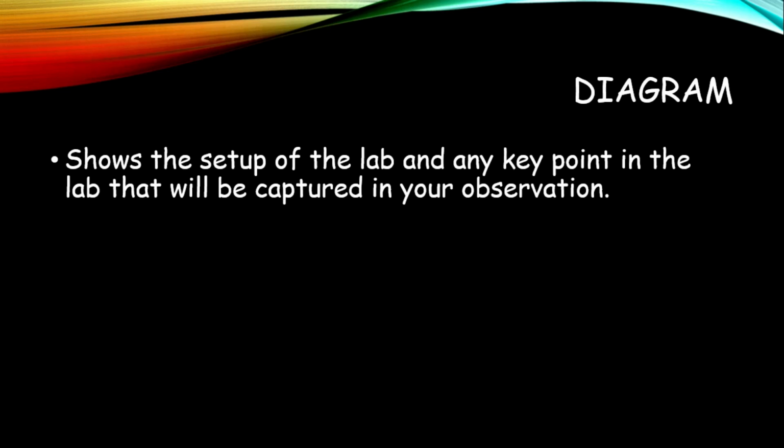And for those persons who have ever seen or done a lab, for example the diffusion lab with hydrochloric acid, that gaseous thing, and ammonia, you would have an appreciation for key point. Where did we find this ring in the glass tube, that type of thing.